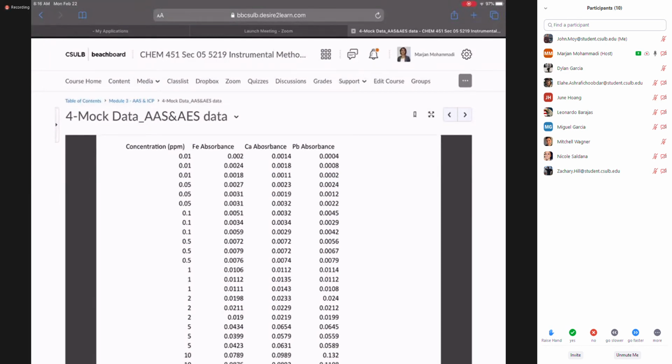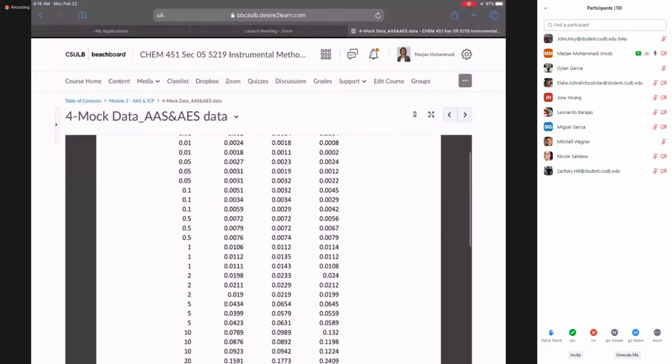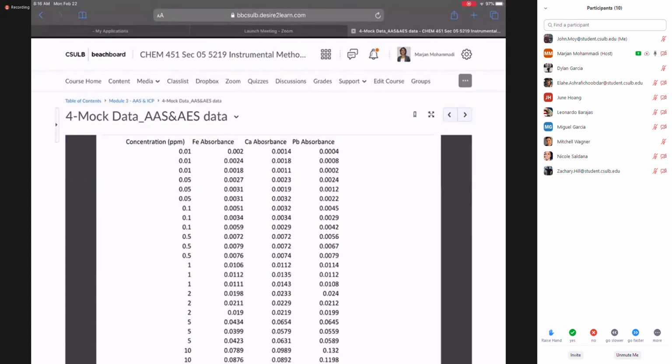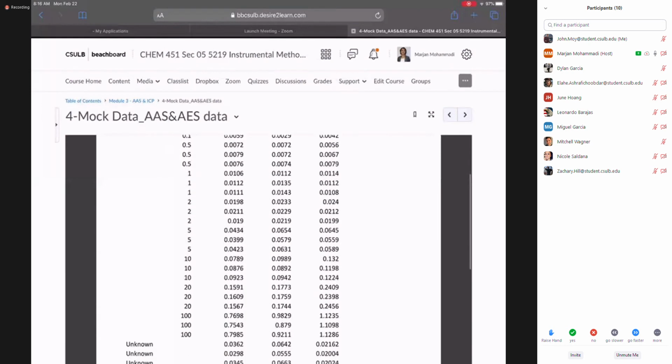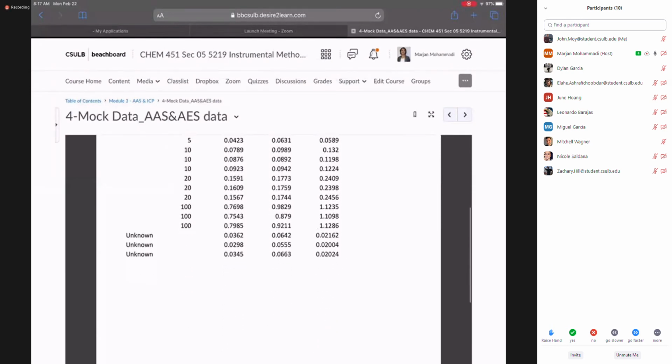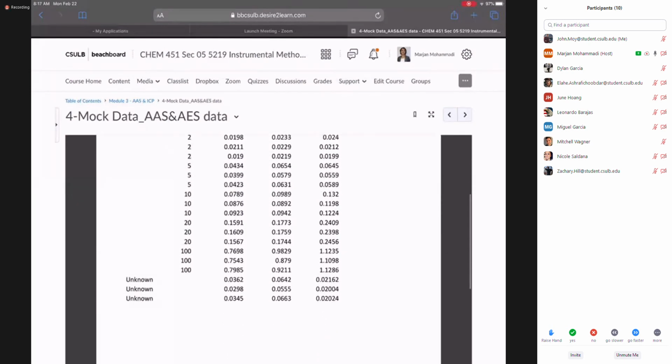Make sure for averaging, you need to get the average from these 3 readings. If you see some numbers that are so off, you don't have to include them in your averaging. Please remember that one. Sometimes we have outliers, and I hope you all had 251 lab.